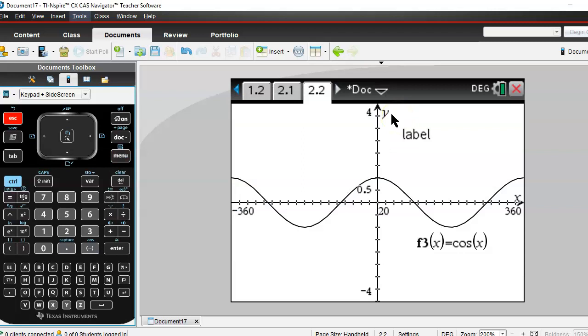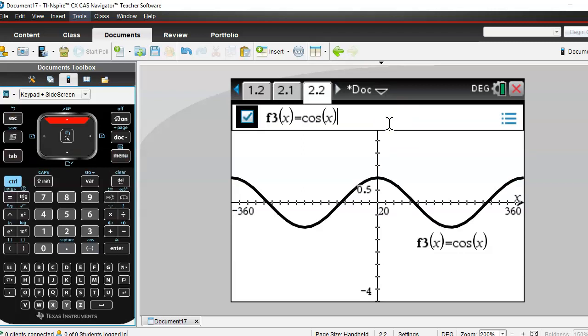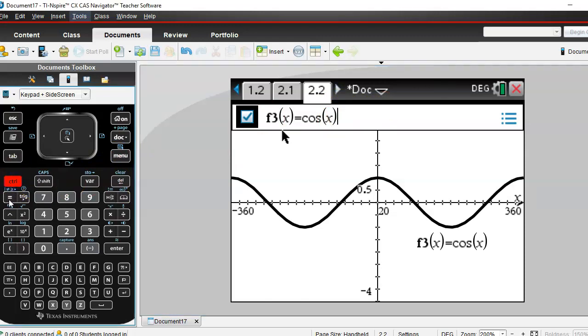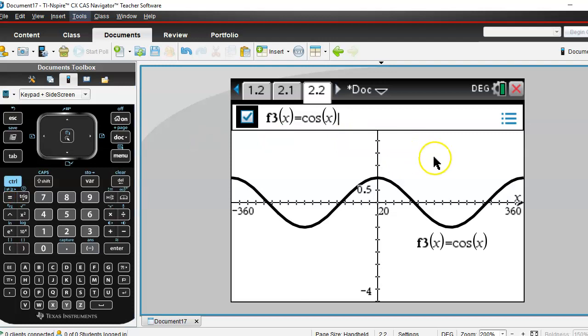So, if I go up here, tab, go to my function, and then I Control Enter. I use this little symbol I call given, and I want it to restrict it to between, the x is between 0 and 360.